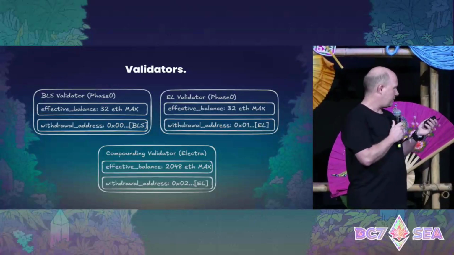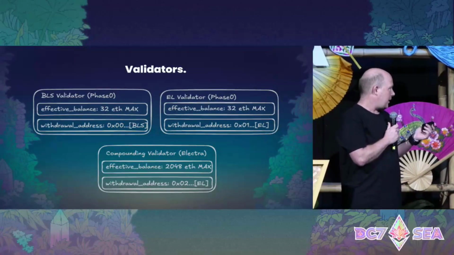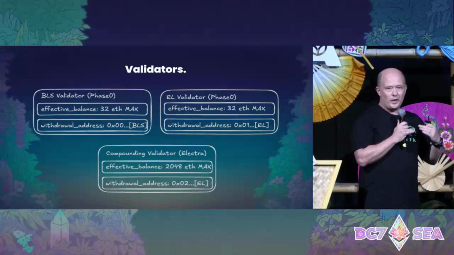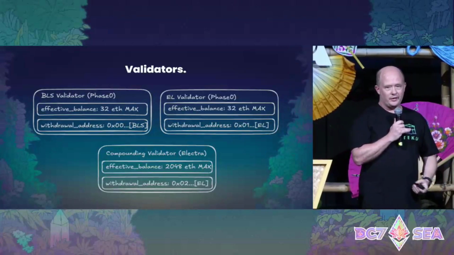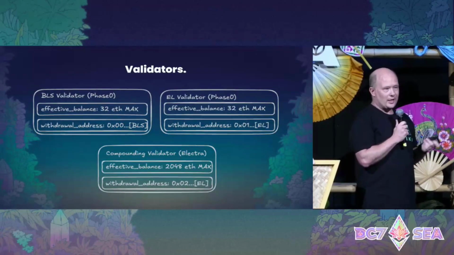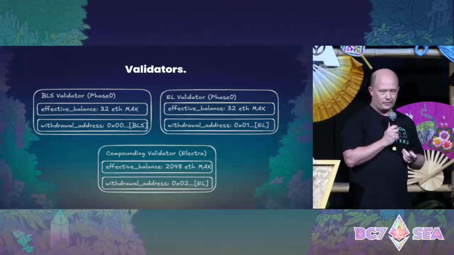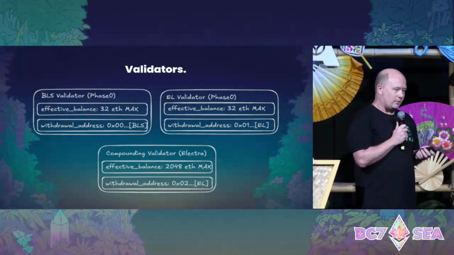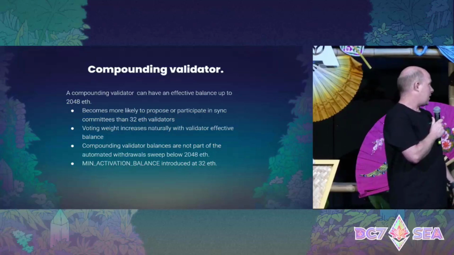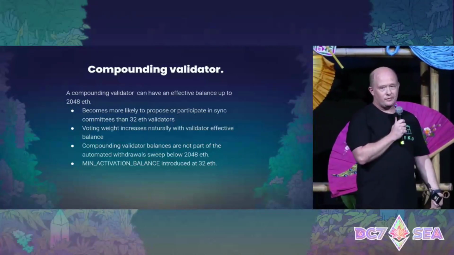It's also going to have execution layer credentials, and they're going to be prefixed with a 02. So that's going to be our flag for where the effective balance can go to on a given validator. The effective balance is going to be able to increase to a maximum of 2,048 ETH, which is 64 times what it can today. So yeah, a compounding validator can have up to 2,048 ETH.